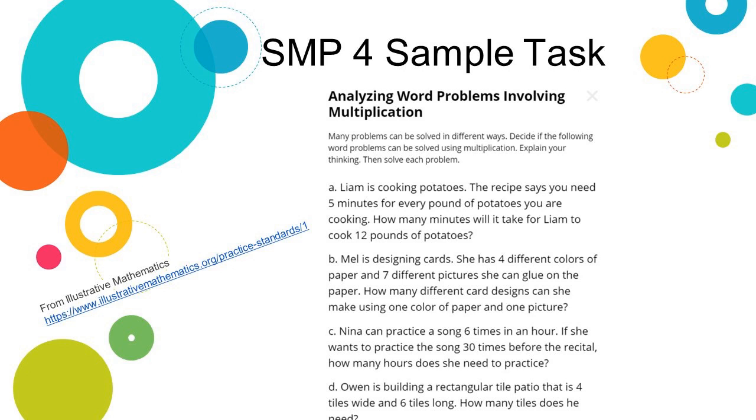So in this task, the students are asked to analyze the problems and explain their thinking before they find an answer. So in that process, they're thinking more carefully about different contexts that can be represented by multiplication. Note that none of these contexts involve multiplicative comparisons. That's intentionally left until 4th grade.